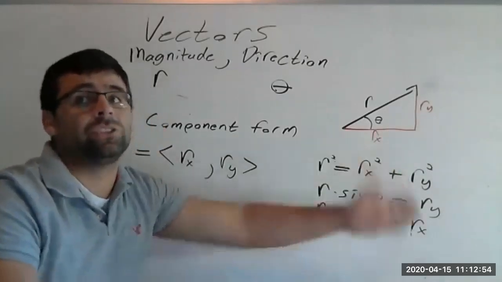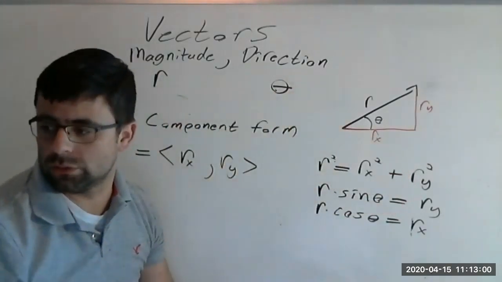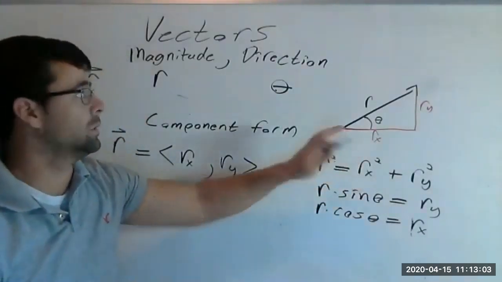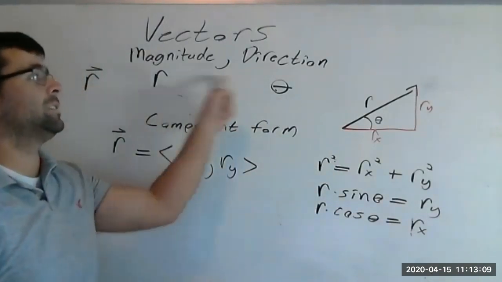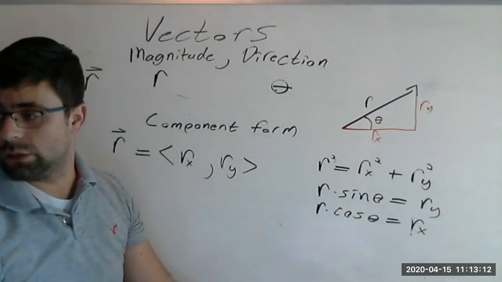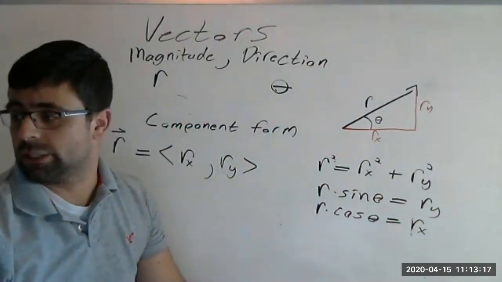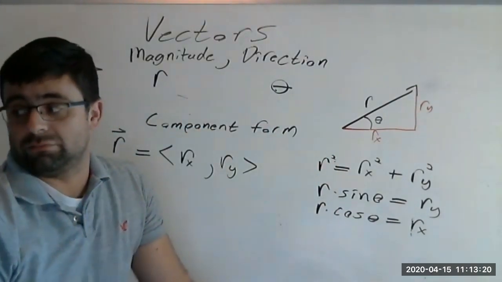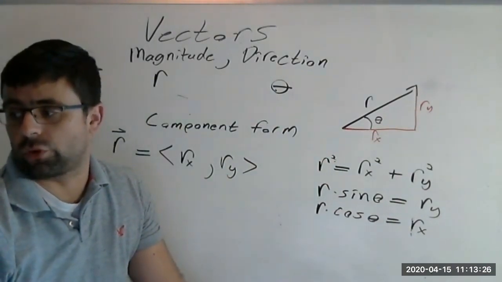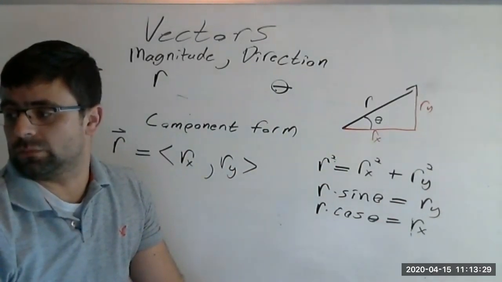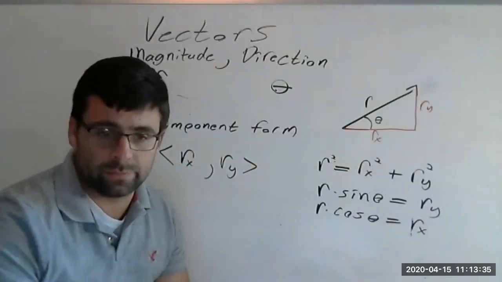So these are the relationships that relate these four things. If given any two, you should be able to find the other two. You could get Ry and R and you should be able to find the other two, and vice versa. So the idea is that you should be able to go between all of them at any time for any reason. Like that's just how this works. Okay.